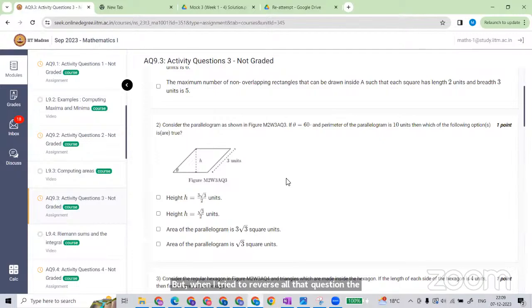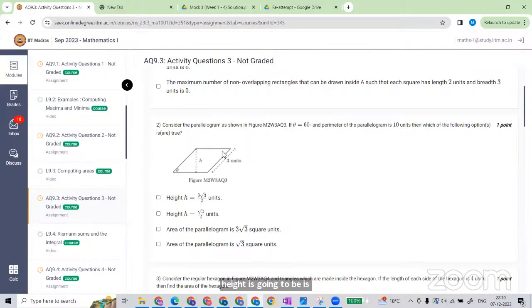But straight, I can't find how to get the height. So the height is found option-wise. If you are not able to get it, then you need to go option-wise. Here a parallelogram is given and theta is given as 60 degrees. The perimeter is given as 10. Then which of the following heights is right? The area of the parallelogram is this one.